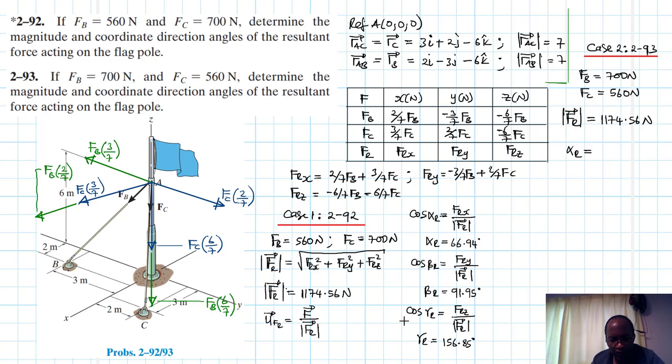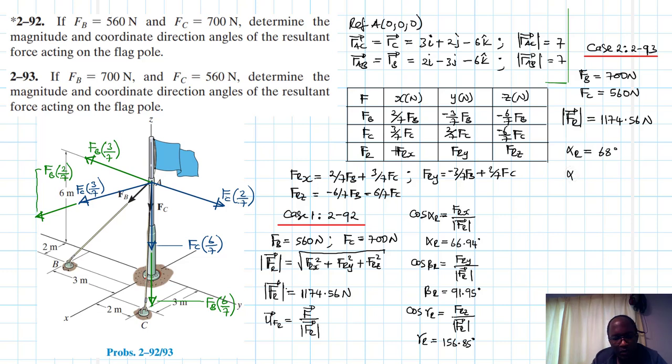So 2 over 7 by 700 plus 3 over 7 by 560 divided by 1174.56. Cos inverse of that, we have 68 degrees. So this one changes, of course.